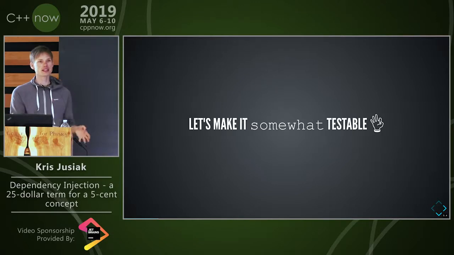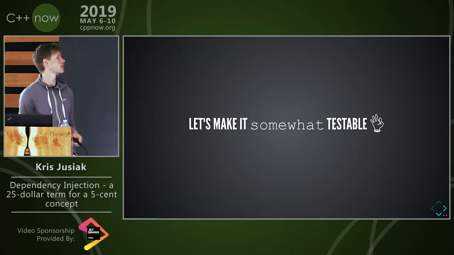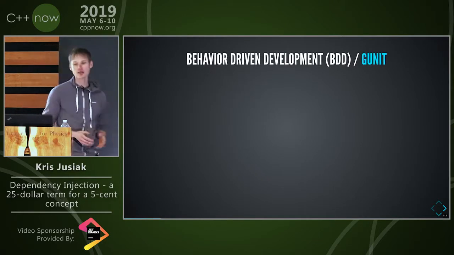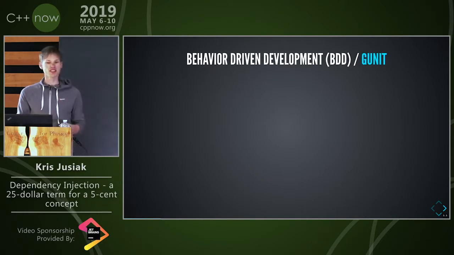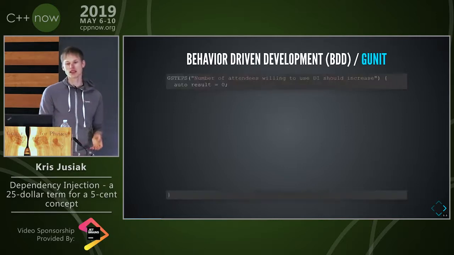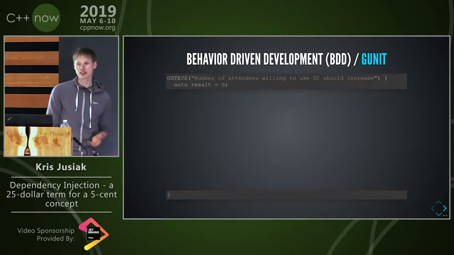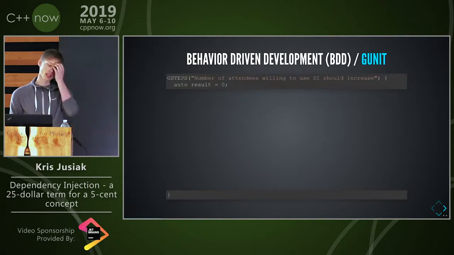So the first thing, let's make it somewhat testable. I mean somewhat, because it won't be perfect. By that I mean behavior-driven development, BDD, just a small remark. How can we do that? We can implement the steps for the requirement we had.